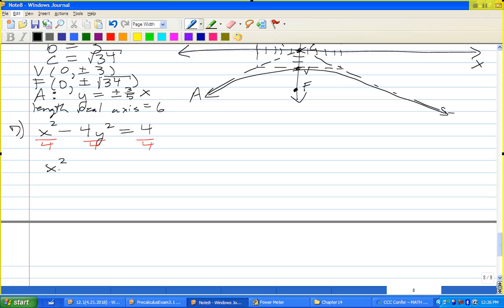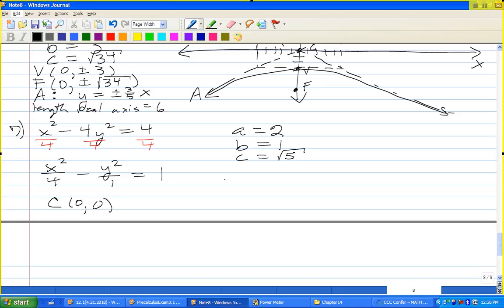So I get x squared over 4 minus y squared over 1 equals 1. So in this case, the center, of course, is at the origin. A is 2, B is 1, C, 4 plus 1 is 5, so square root of 5.